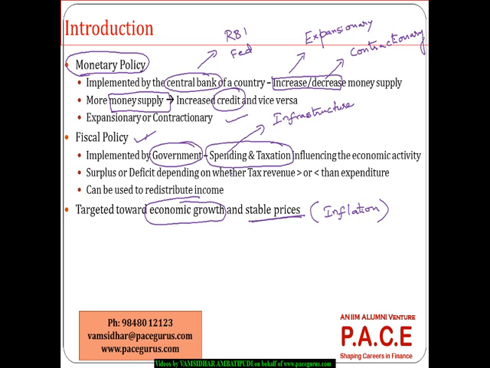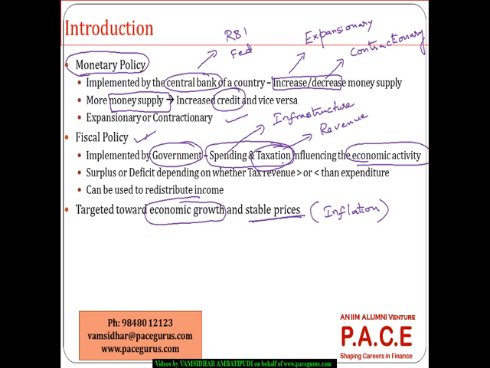The government spends on various activities. So the different spendings of the government, and taxation. Taxation is like a revenue to the government, right? How well the government is able to structure its spending and taxation to influence economic growth, that is what we call fiscal policy.